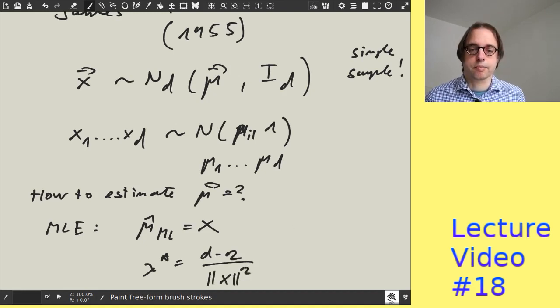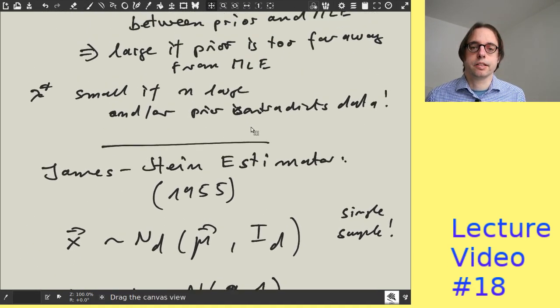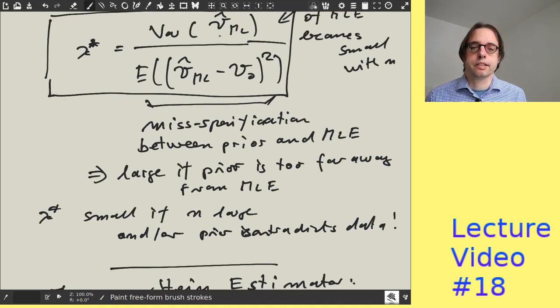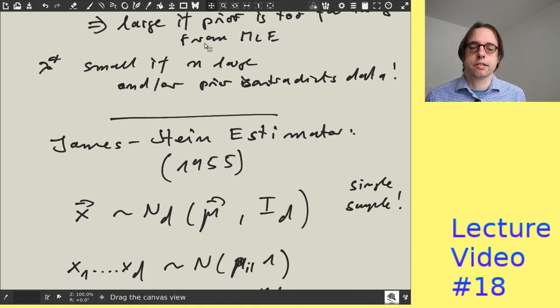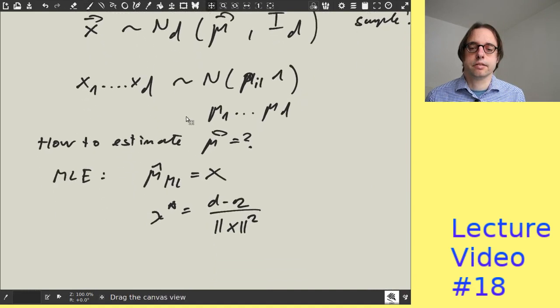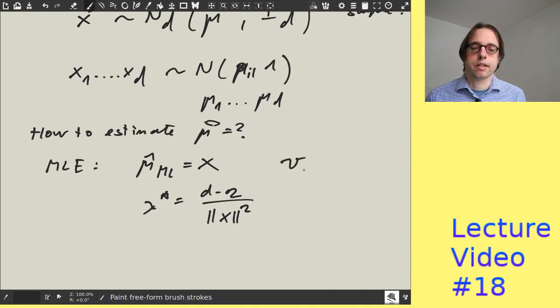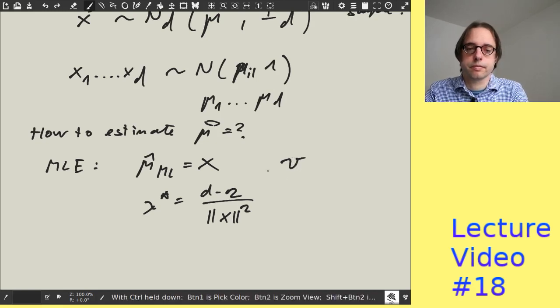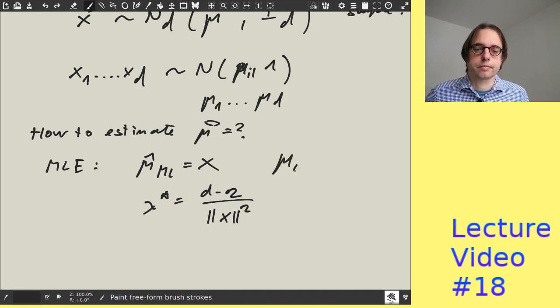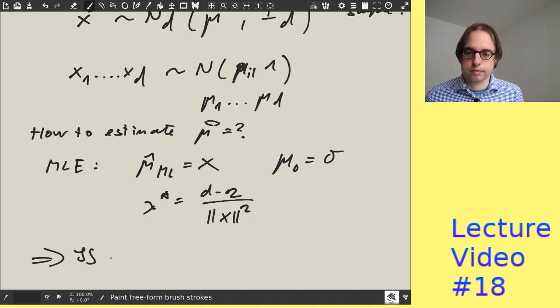This is exactly the formula from above, where you divide the variance by the difference between the mean and the target. In this case the target is 0, so we use mu naught equals zero. Then we get the following as the James-Stein estimator.